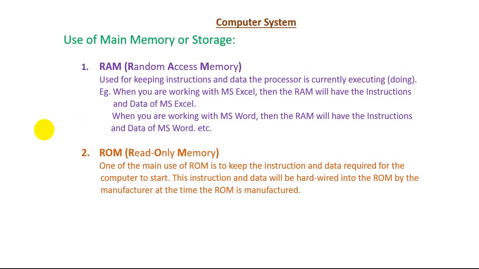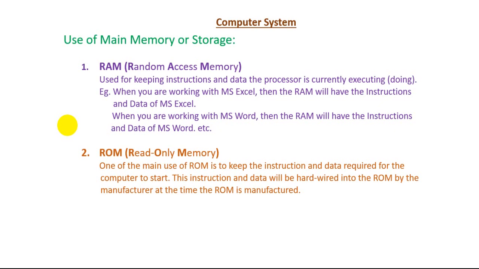That is, one of the main uses of ROM is to have the instructions to tell the processing unit how a computer is started. It is a small portion of instructions and data. I have a diagram showing that in a little while. So this will do the starting up. The instructions and data will be hardwired.